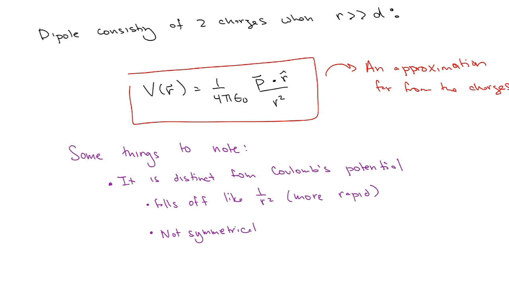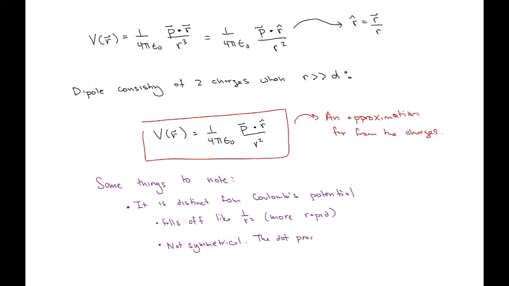The dot product gives us different results for different orientations of p, which is a vector, remember, that points in the same direction as d, and r, which is a position vector from the origin to where you're trying to evaluate the potential.